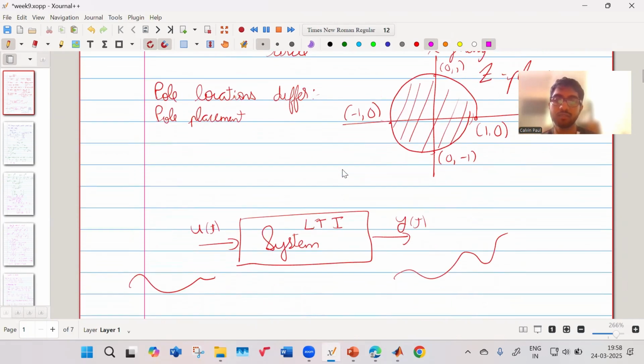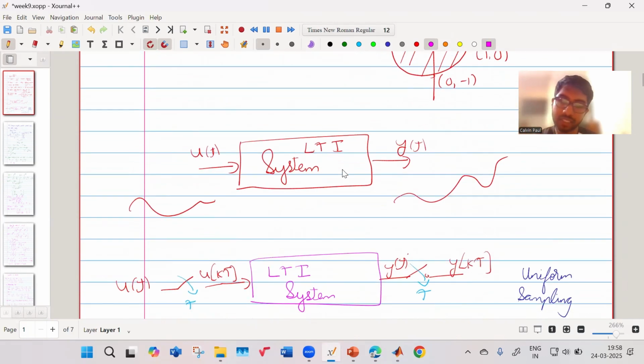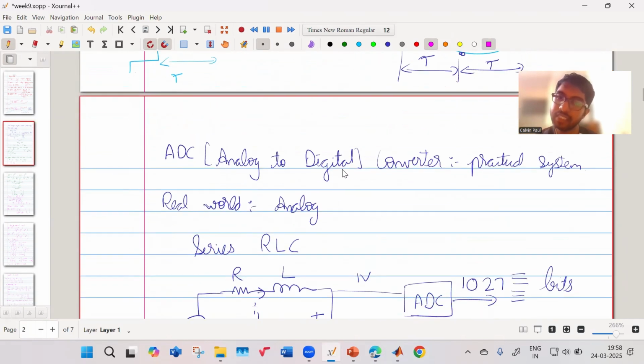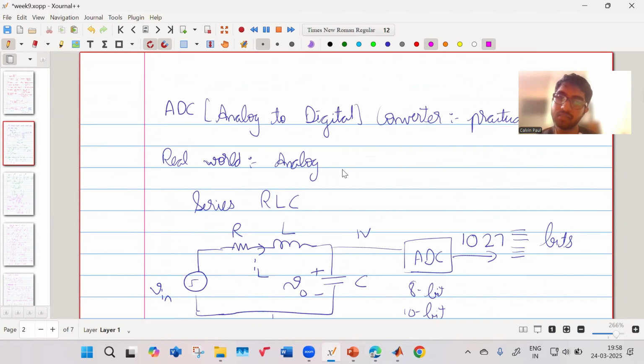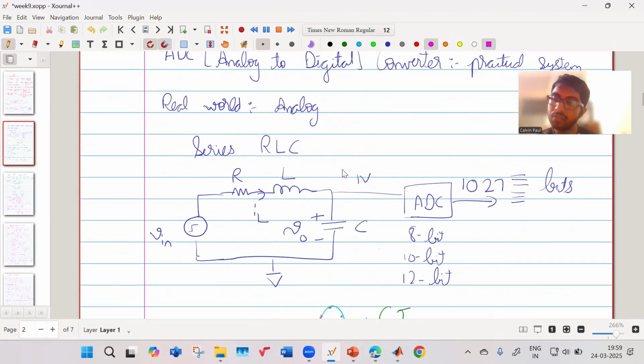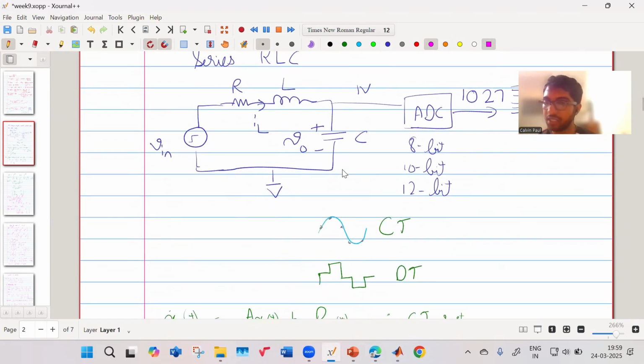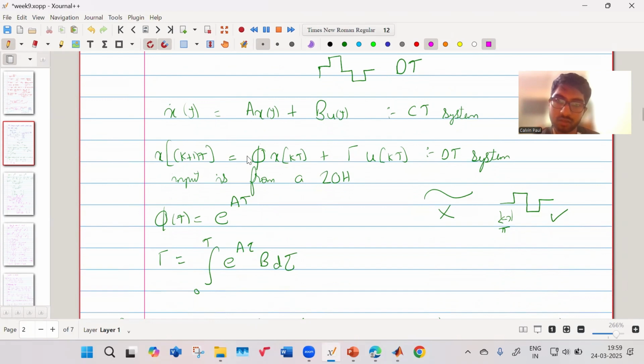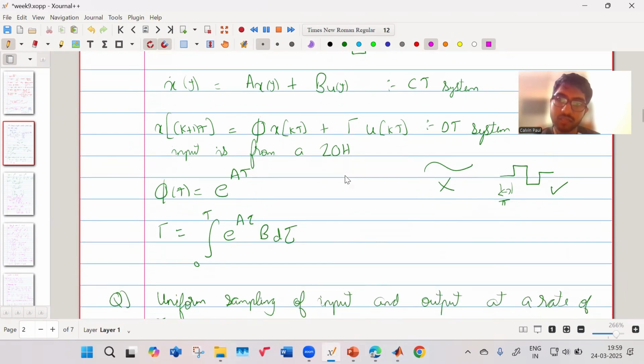Then we considered what sampling is, what uniform sampling is, and how an ADC is required in an actual practical system. When you have a number, you convert it to a digital value with a certain number of bits, so that you can practically implement the system.